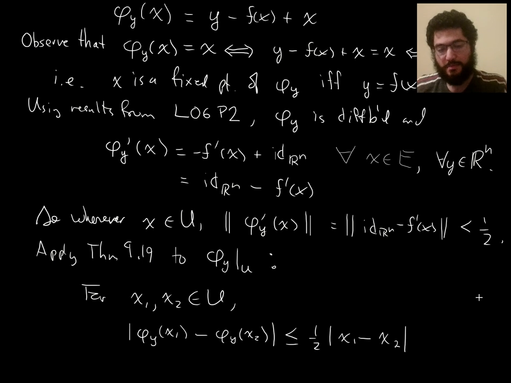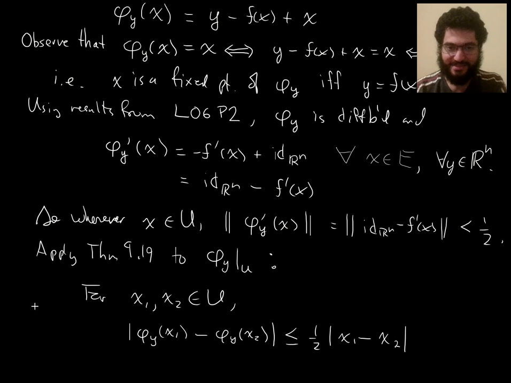Now it's tempting to say that phi must be a contraction mapping, right? This is the inequality that tells you that a map is a contraction mapping. The distance between two outputs is bounded above by a constant factor less than 1 of the distance between the inputs. So this is exactly what a contraction mapping is, right?